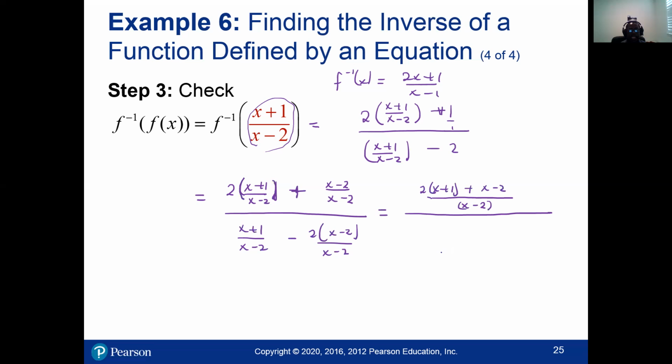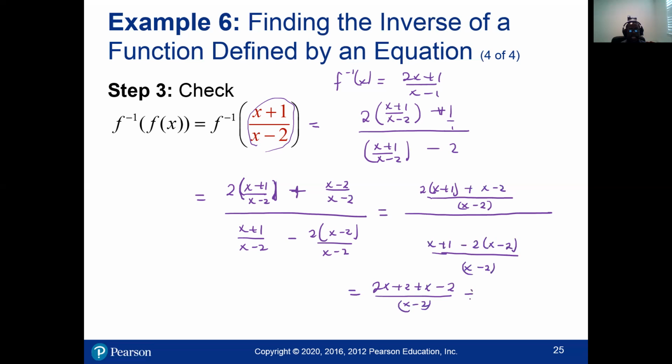For the denominator, the common denominator is x minus 2, and the numerator becomes x plus 1 minus 2 times x minus 2. Okay, so now let's simplify that. If you distribute the numerator here, you're going to have 2x plus 2 plus x minus 2, divided by x minus 2.